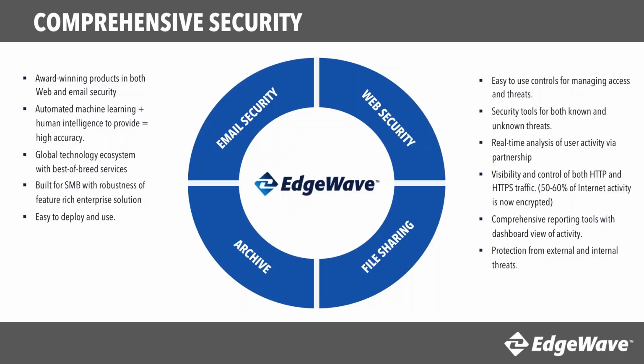One is the latest in technology, artificial intelligence, but also human intelligence to provide that human perspective. So you can take into more account than just the actual content itself, but also the context of how things are being used. We do this with an approach of trying to build for the small and medium businesses a robust, feature-rich solution that's an enterprise-level product and bringing it into that SMB marketplace.